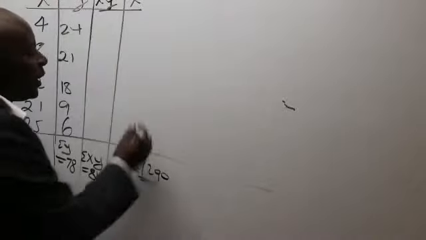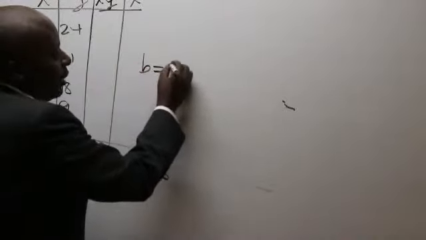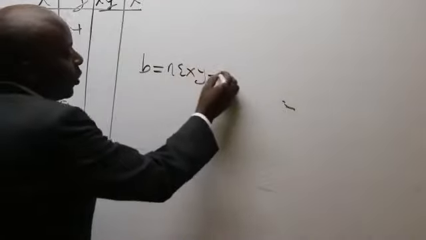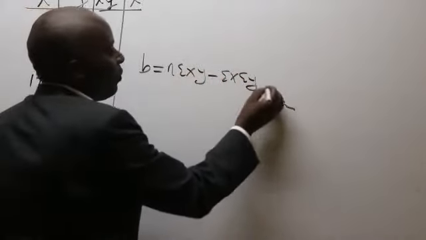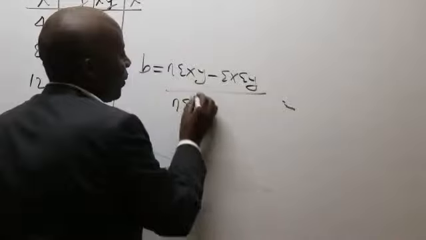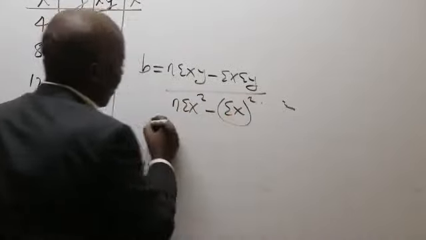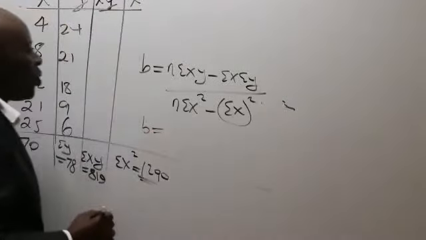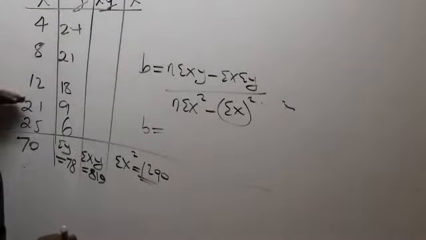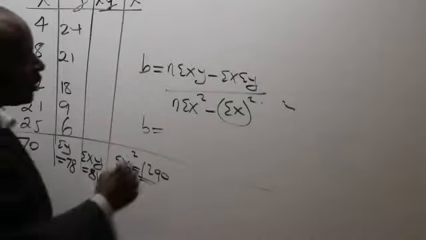Once you give me that, I'll be able to give you B, which is n summation of xy minus sum of x, sum of y, over n summation of x squared minus bracket sum of x squared. So my B will be equal to n, 1, 2, 3, 4, 5. So n is 5.